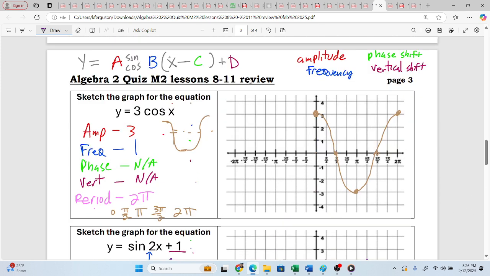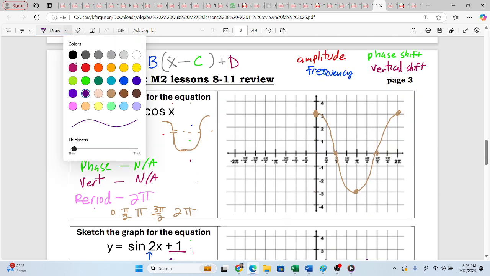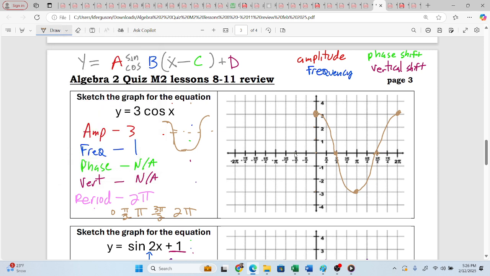And just to continue, let's come back up here. Let's continue this one. So that's where cosine is. If I'm going backwards, this one skips a mark. So then this one would be where I touch, and then this one would be where I hit the low point, and then this one would be where I go back up, and then this one would be where I finally end.